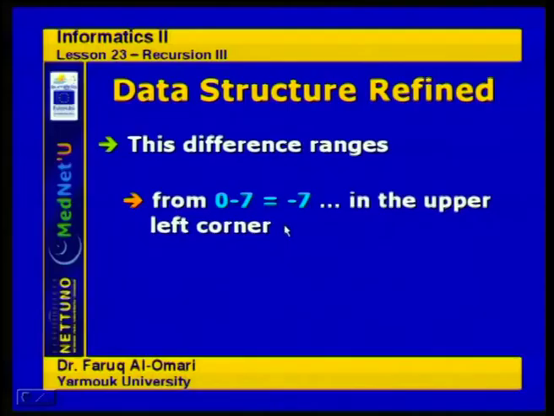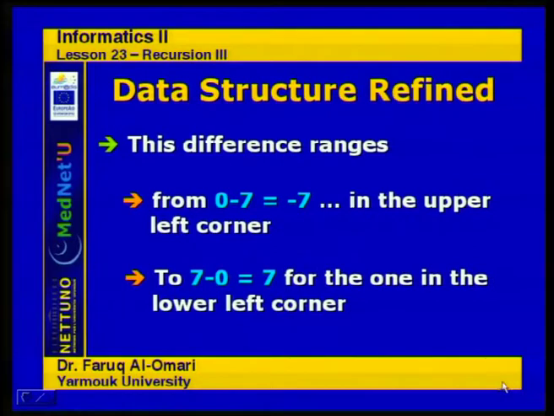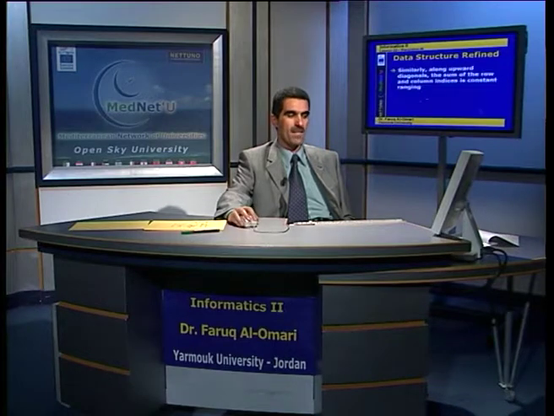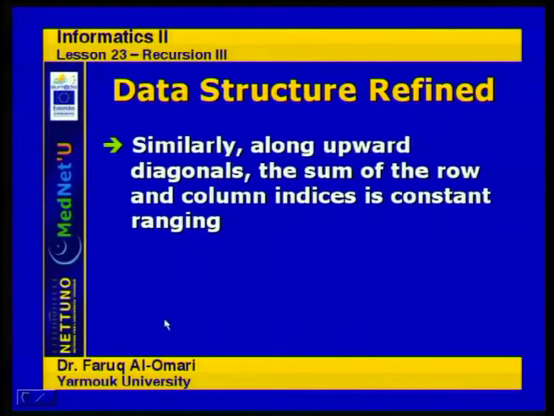And this difference ranges from row 0, column 7, that's 0 minus 7 in the upper right corner, up here, down to 7 and 0 in the lower left corner, down here. All right? Similarly, along upward diagonals, the sum is always constant.